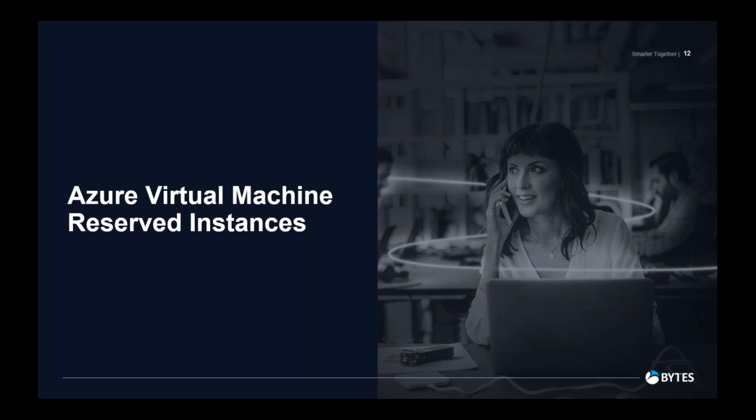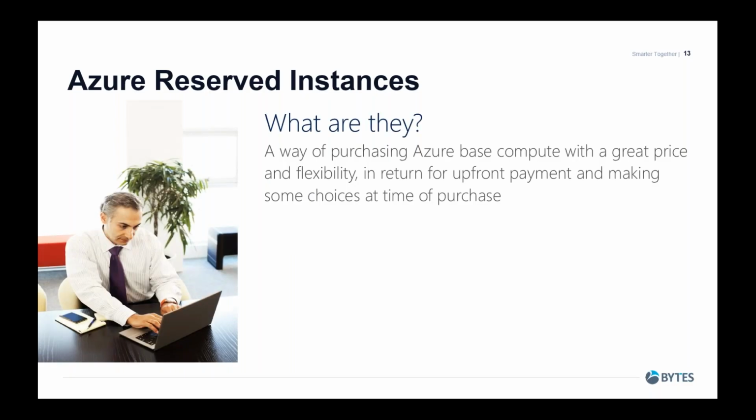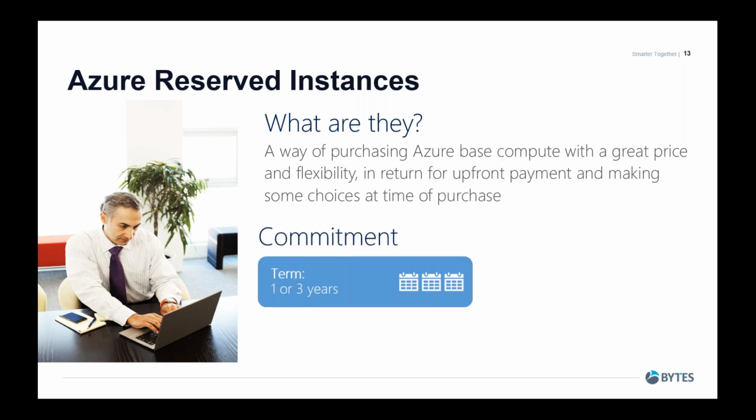So if we take a look at Azure Virtual Machine Reserved Instances, what are they? They are a way to purchase compute at a discounted rate when opting to pay for it upfront. There are some decisions that you need to make at the time of purchase, and they are how long you want to commit for. There are 2 options: you can either commit for 1 or for 3 years.